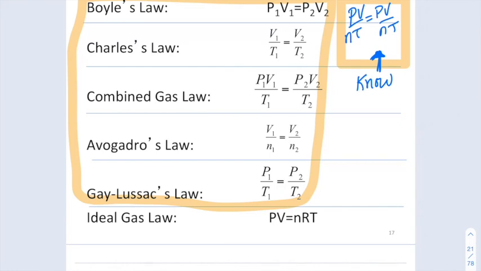It sounds crazy, but that one formula will get you any of the other formulas. So what we'll be doing, and we'll be practicing this next class, is that you will cross out anything that you don't need in that equation, and you will be left with any of those other equations.